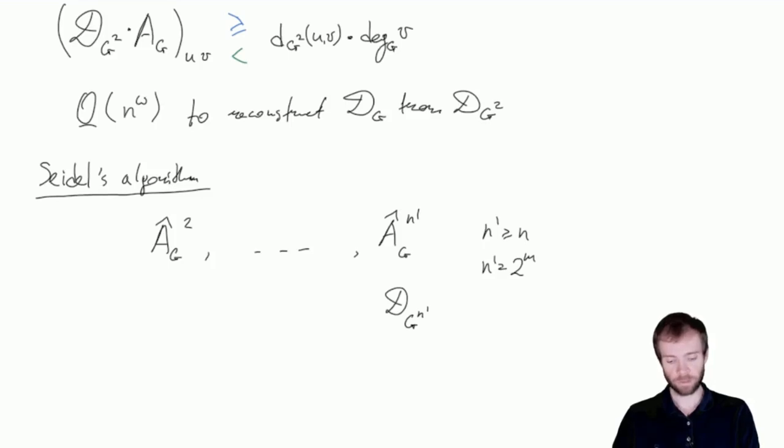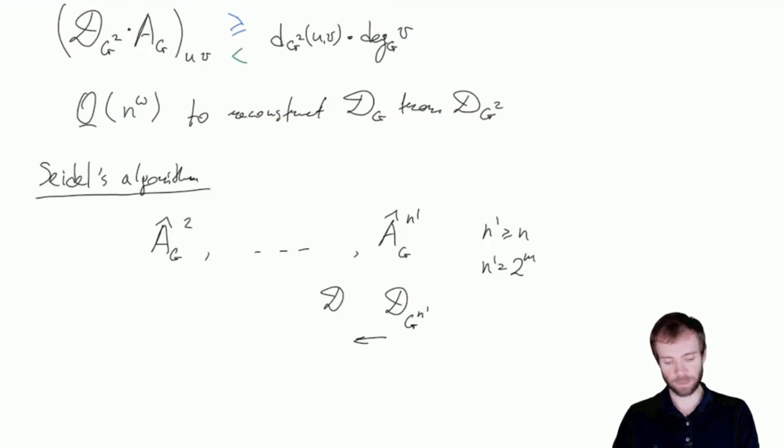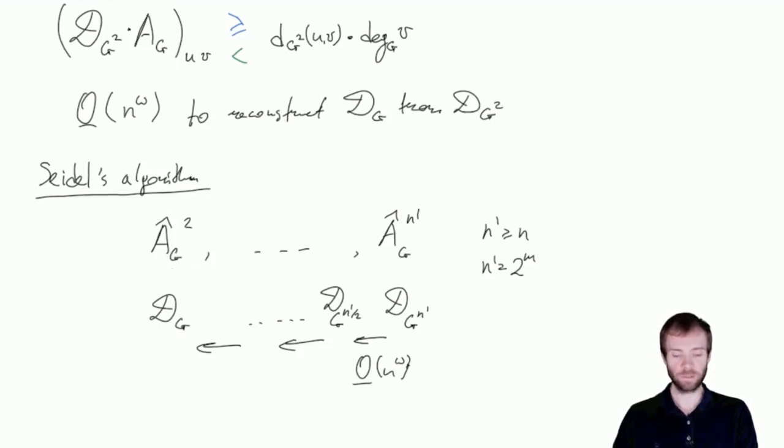And now we go back by applying this procedure to get the distance matrices of the graphs G to the power of n prime over 2, and so on, until we get back to the distance matrix of the graph G. Each backward step takes time big O of n to the power of omega, as does each forward step while we were computing the reachability, and the number of these steps is logarithmic.